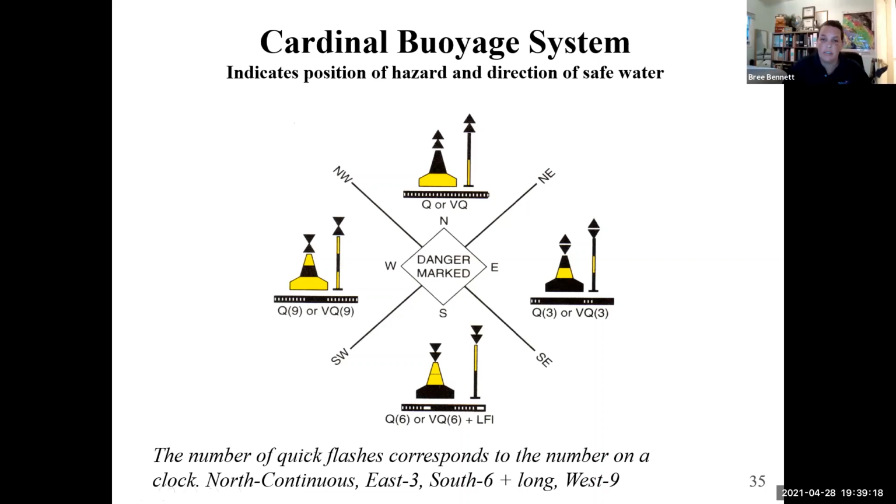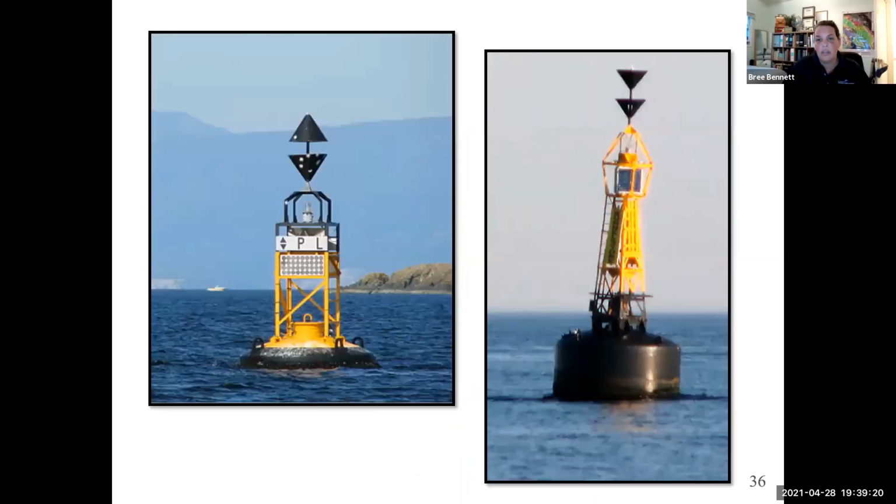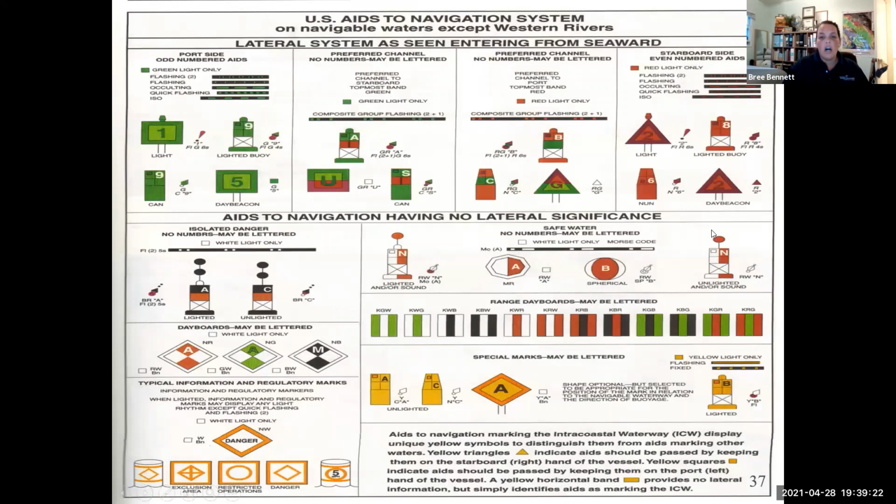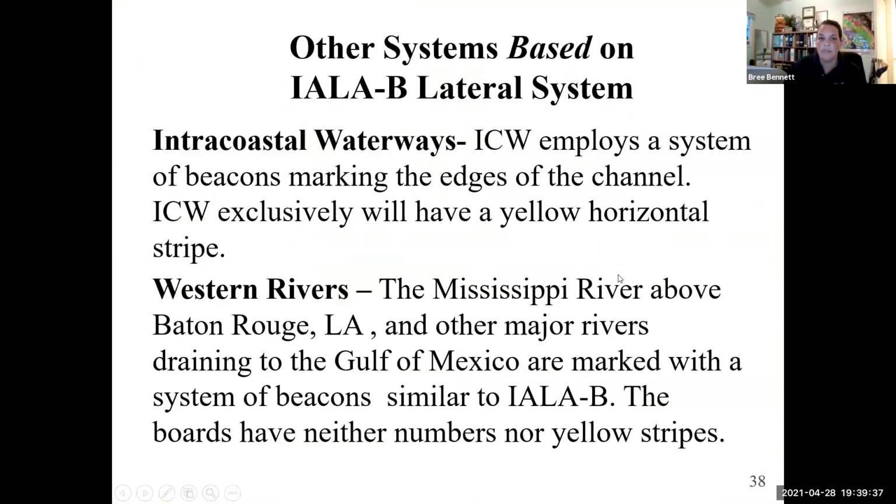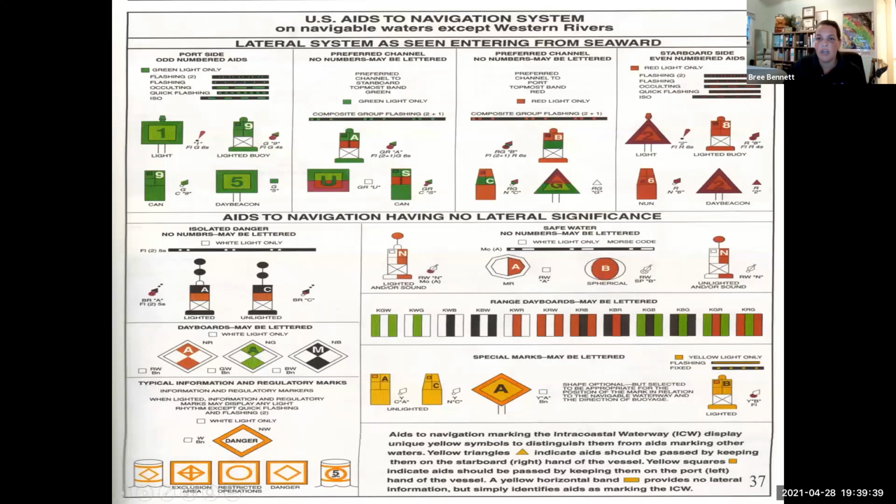Was there a question? Okay. So all of these buoys that I have gone over are going to be on your quick reference guides. So I would definitely just try to familiarize yourselves with those quick reference guides. That way, if you have a question, you can look it up real quick.